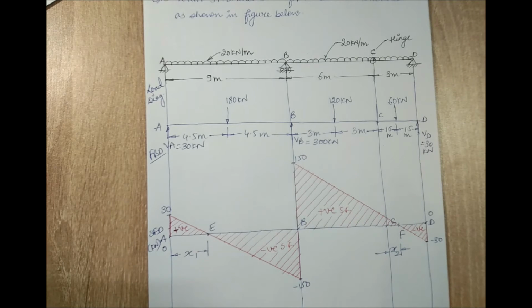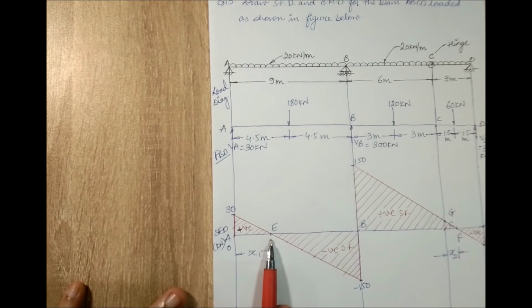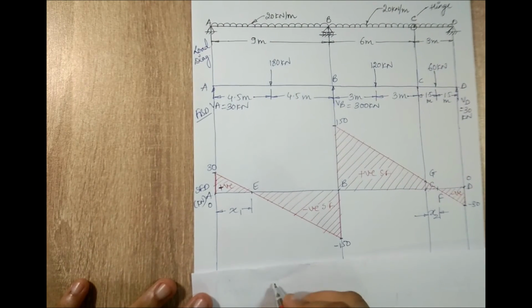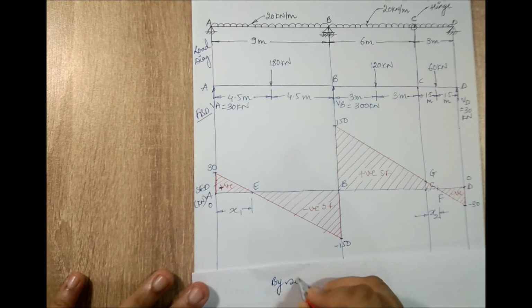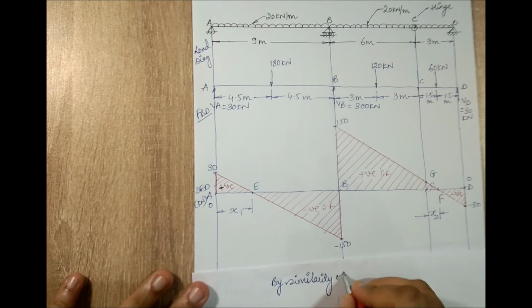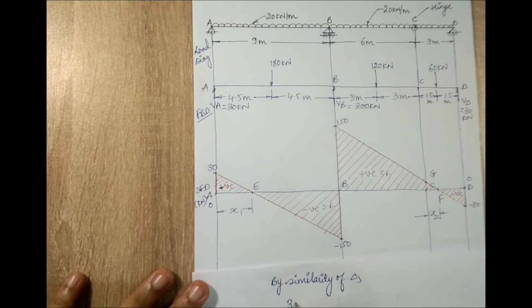These two distances can be calculated and the distances can be marked from any one end. It is very easy to calculate the distance x1 by using similarity of triangles, which I have shown you in the previous lecture. So by similarity of triangles, these two triangles I'm going to consider. So here I'll have 30 and the dividing value will be 150.